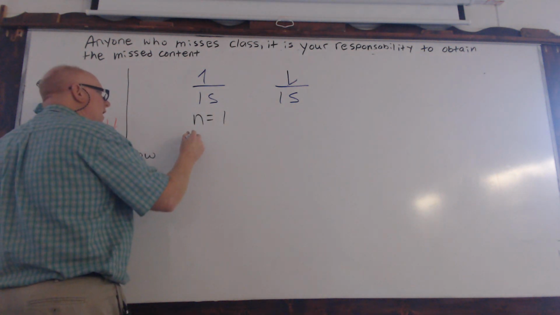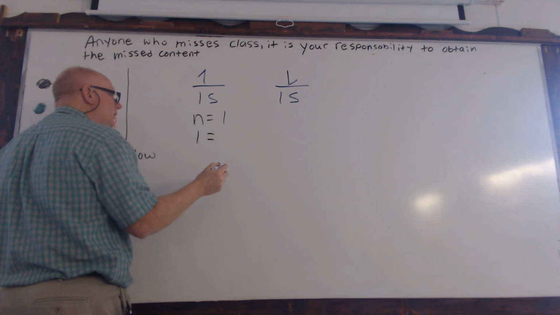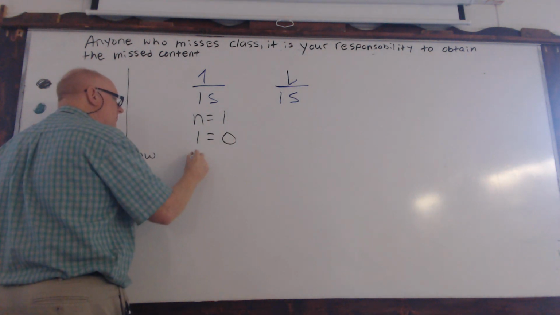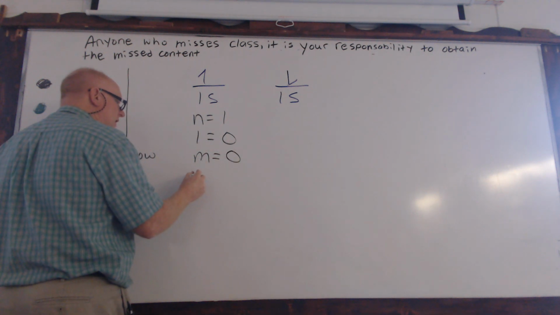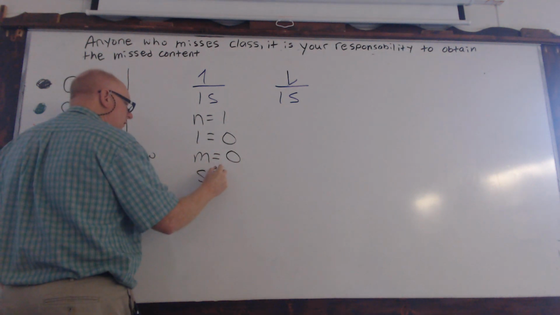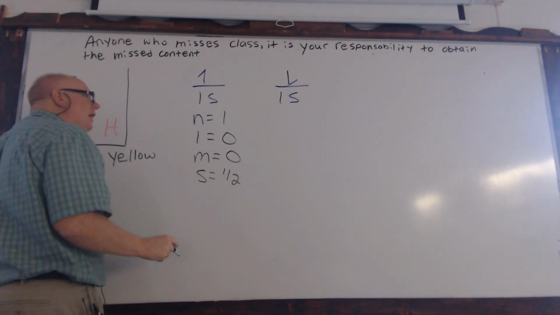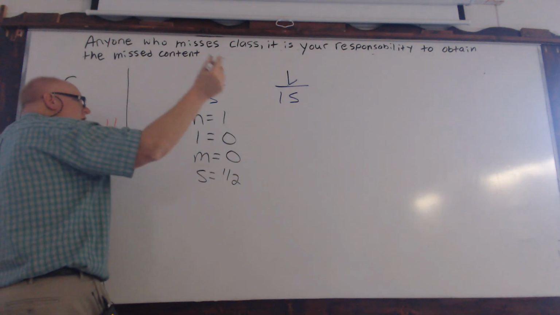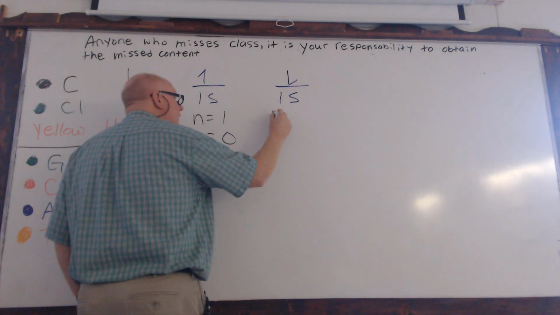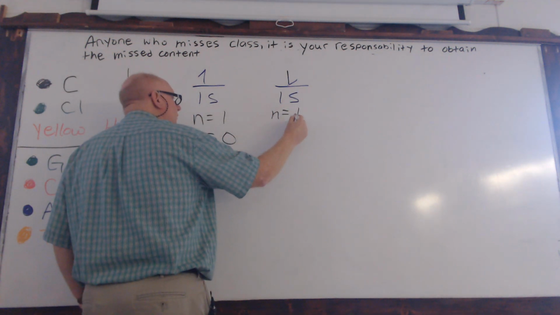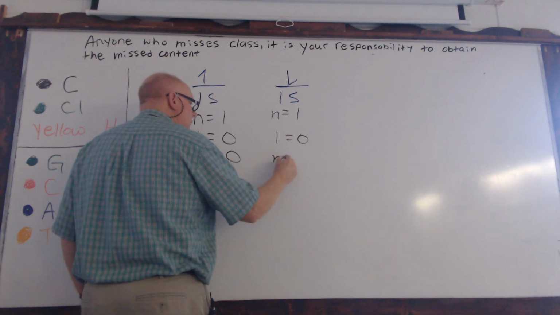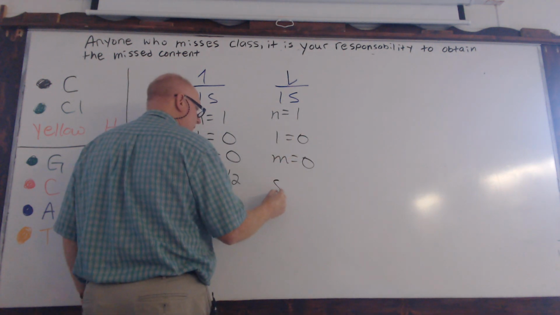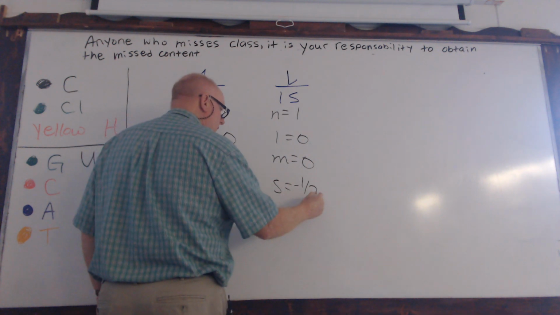What is l? 0. What is m? 0. What is s? Up, and for this electron, then we've got what? n is 1, l is 0, m is 0. How can you change it though?